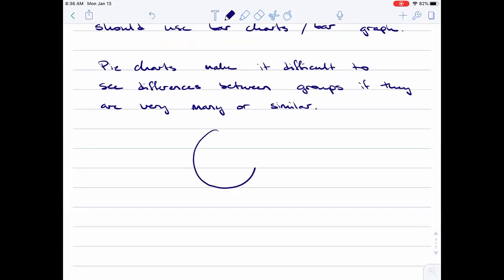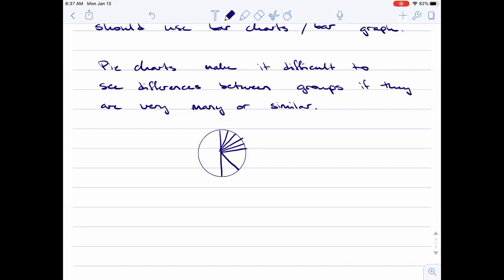So for example, I'm going to draw, well, not very good. Let's say here's one group. Here's another group. All of these slices just represent each of the units in the category, right? Here's another group. Here's all the other groups.